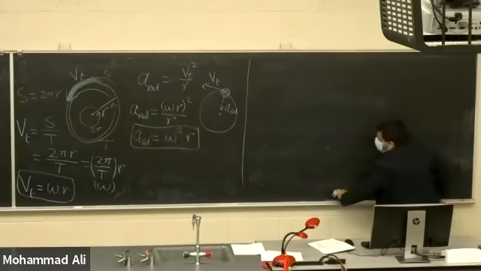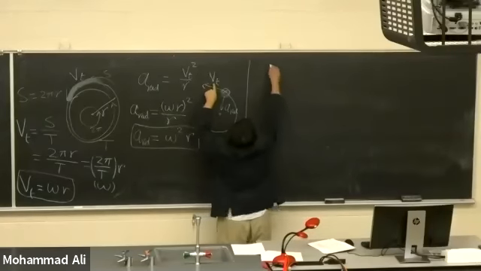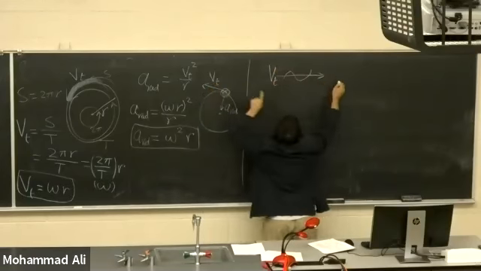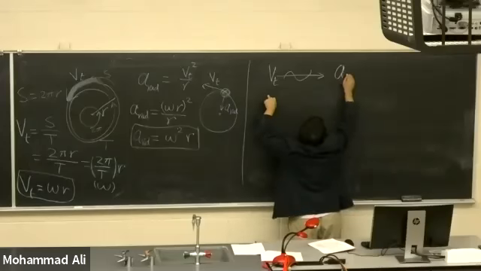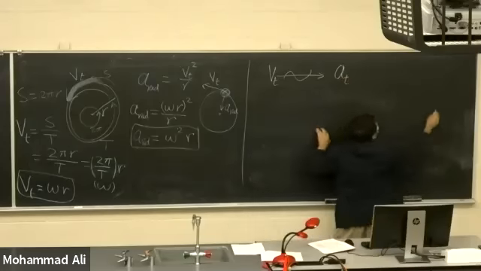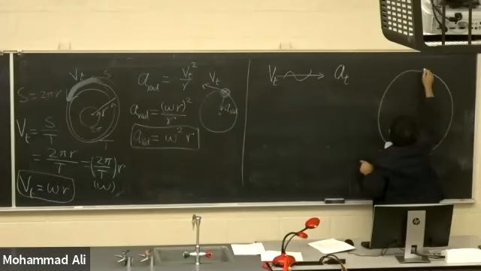If omega is changing, then v tangential is changing also. Then we have tangential acceleration. So now this is our system. This is the mass.